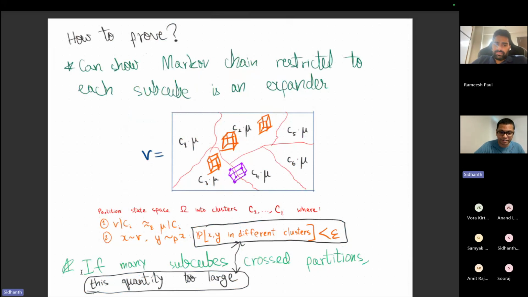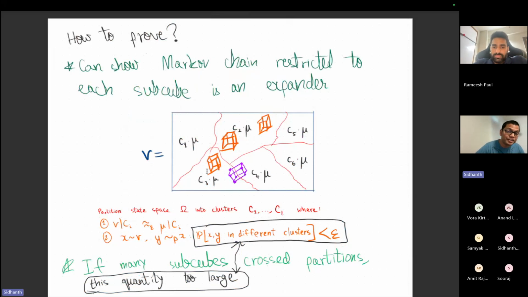Now the point is, if many subcubes did cross between these different clusters, then you would be in violation of the second condition here, which is the fact that if you take x according to the locally stationary distribution nu and sample a neighbor y of x, the probability that x and y are in different clusters is pretty small.